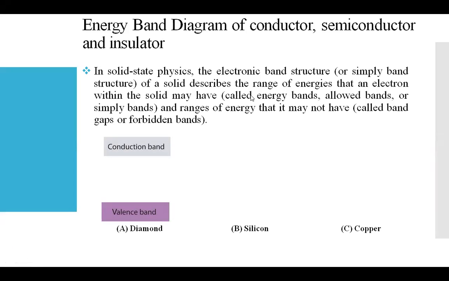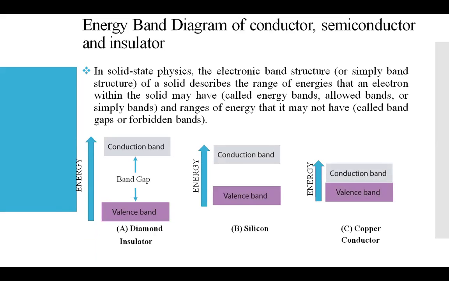Now, if you see one by one, what the conduction band and the valence band are, and the gap, with respect to the energy level. Now I will show you the complete diagram here so that you will identify it very well.